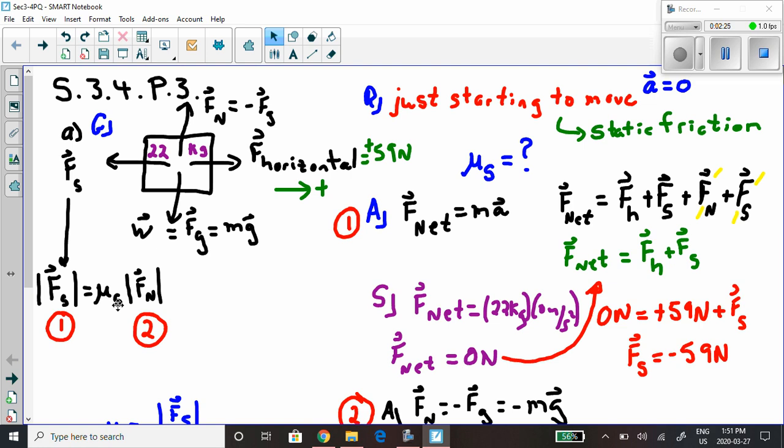So let's go about trying to find first the force of static friction. Now, as I said a long time ago, we're in the dynamics section of physics where we are studying the causes of motion, and the causes of motion are forces.